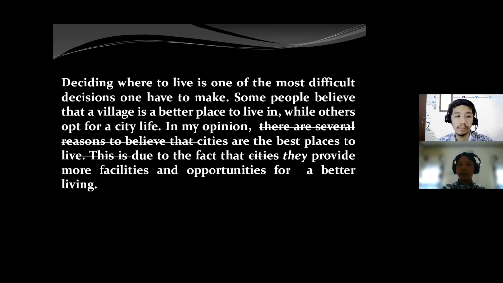And here, for example, due to the fact is also a good expression to have in your writing. But if you're not familiar with these expressions, you can use because. You say, in my opinion, cities are the best places to live because they provide more facilities and opportunities for a better living. Yes, you can say that. But would you use because?